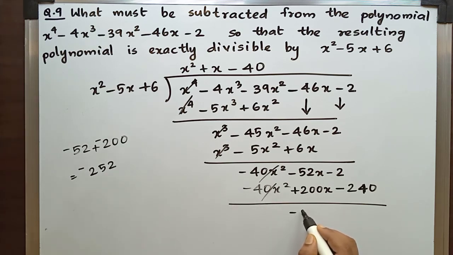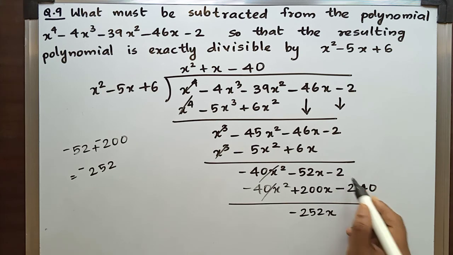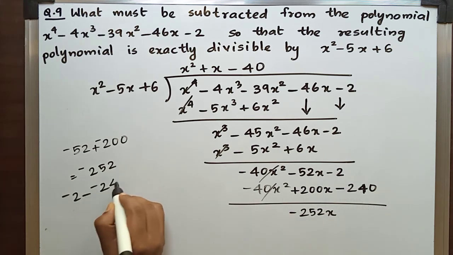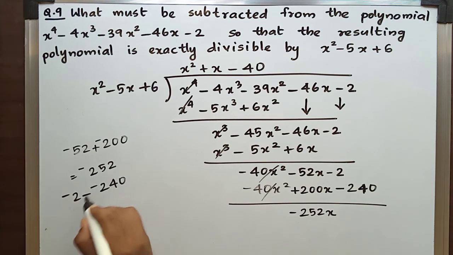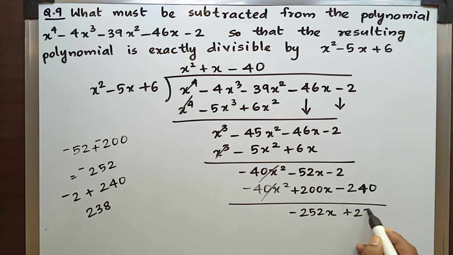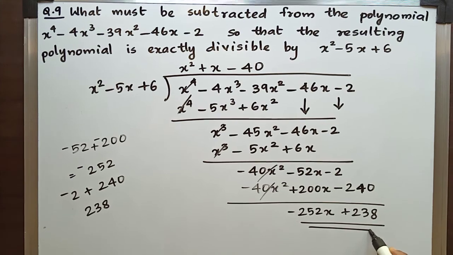So it is minus 252x. Now minus 2 minus 240. Two negatives coming together, it is positive. 240 and minus 2 getting added means it is 238. Okay, here we have 238. So this is the remainder term.